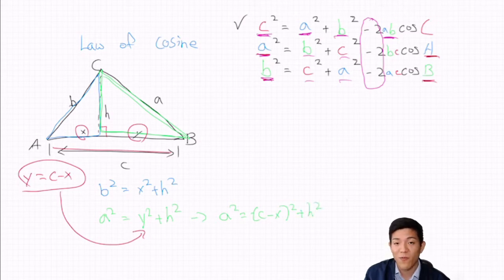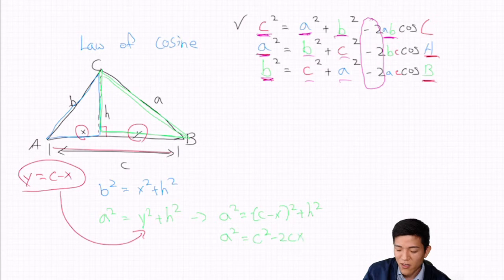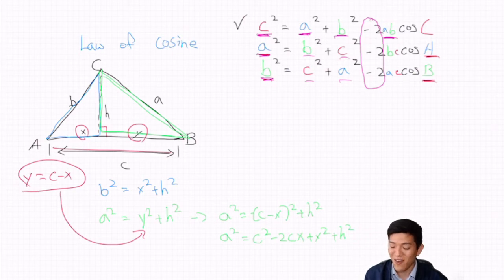And if you remember FOIL from algebra, a squared is equal to c squared minus 2cx plus x squared plus h squared. Okay, now it's looking pretty scary, but it's not that bad. Stay with me. A squared is equal to c squared minus 2cx plus x squared plus h squared, okay?